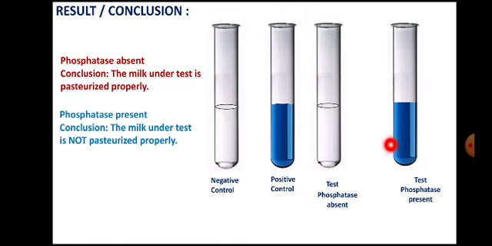Presence of blue color indicates that enzyme catalyzed reactions have happened. So it indicates that phosphatase enzyme is present, and therefore the conclusion is milk under test is not properly pasteurized, or it is adulterated. It may be adulterated with raw milk sample.